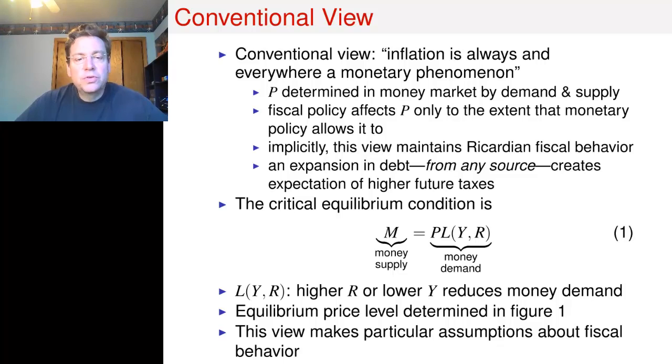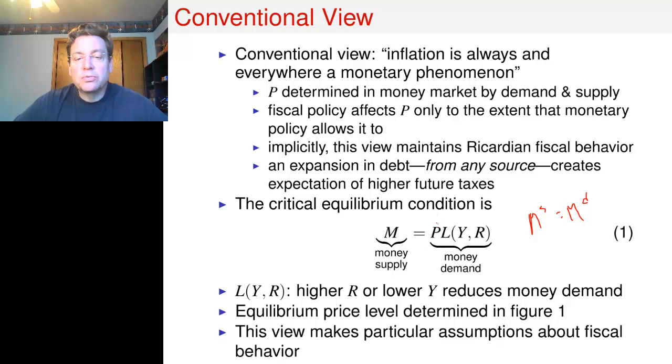In this conventional view, the critical equilibrium condition is this equation 1. So this just literally says that money supply equals money demand. And as we saw, the demand for money is a function of the price level.